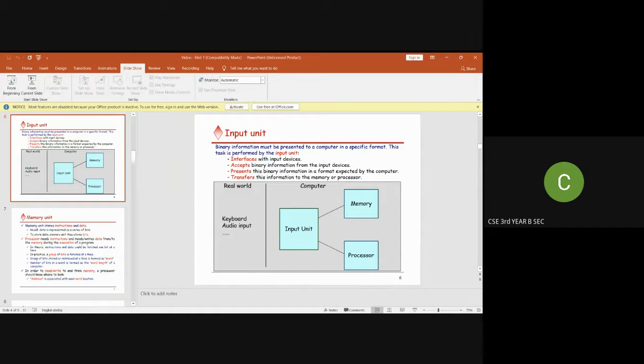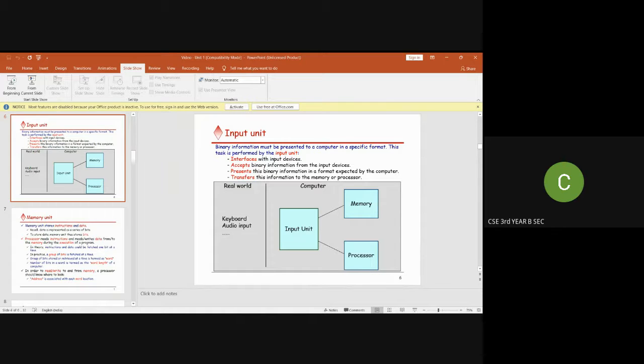For this, the interfaces with the input devices are needed, because the input device should be connected with the computer through some interfaces, which accept the binary information and present it to the computer, and transfer this information either to the memory or the processor.